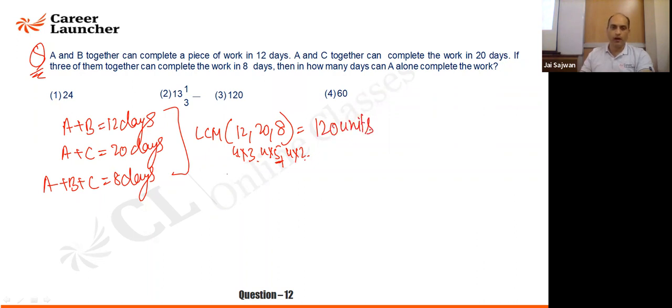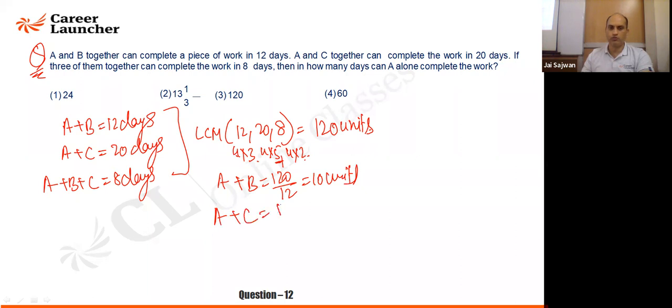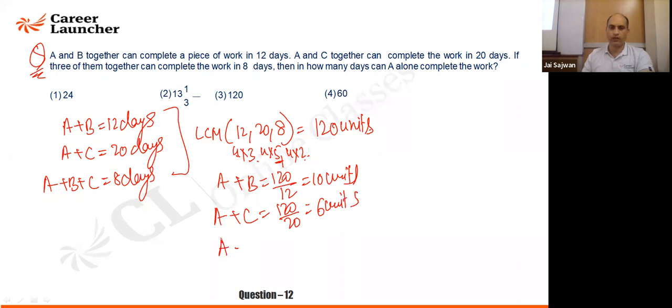Fine. Now when I know A and B does what? 120 units of the work in 12 days, that comes out to be 10 units of the work. A and C is going to do 120 in 20 days, which is 6 units. And all three are going to do 15 units of the work.